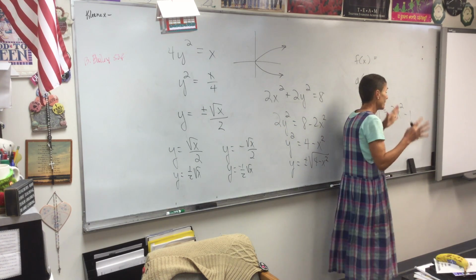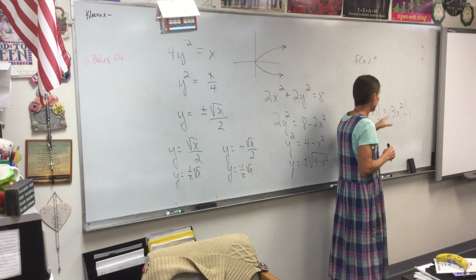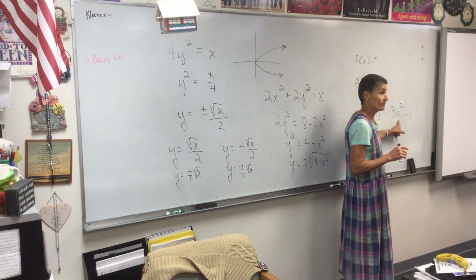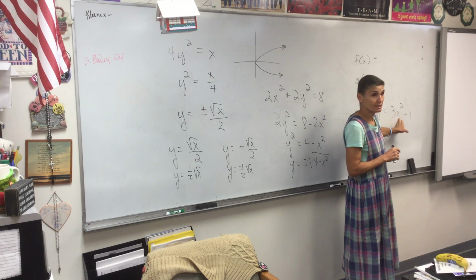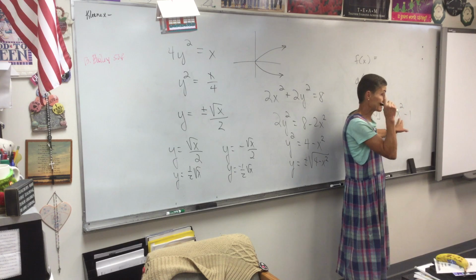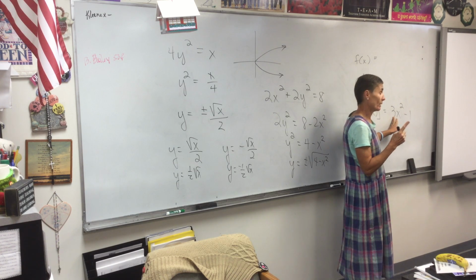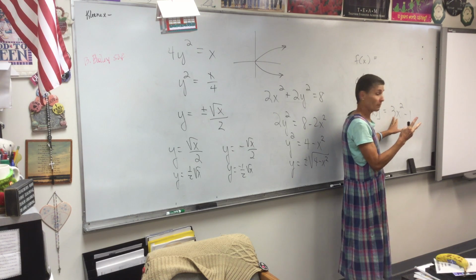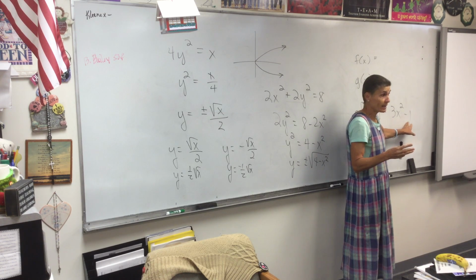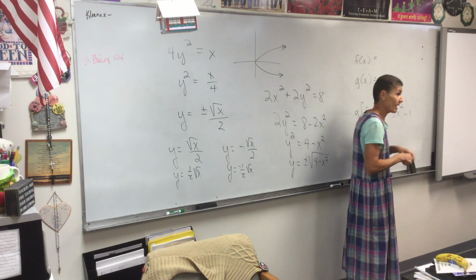If I picked a number like 5, and I put it in here, I said I'm going to let x be 5, what would be the first thing I'd need to do? Square it. Okay, so let's keep track of this. I'd have to square it. And then what would I have to do? Multiply it by 3, and then I would subtract 1. And I would have to do it in that order, right?